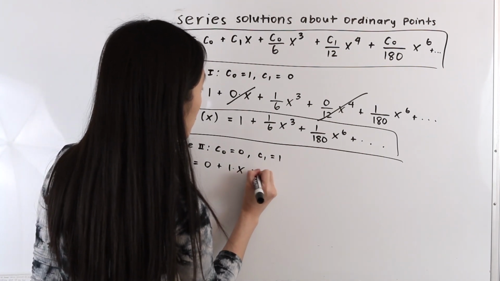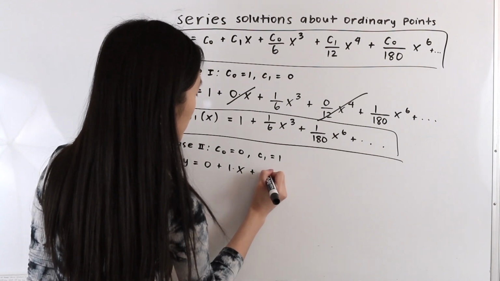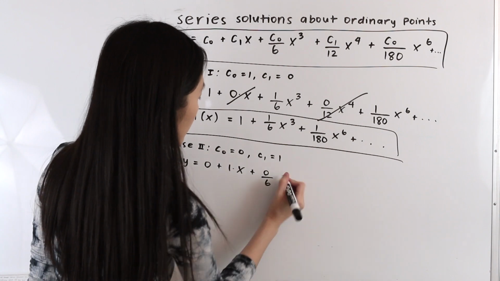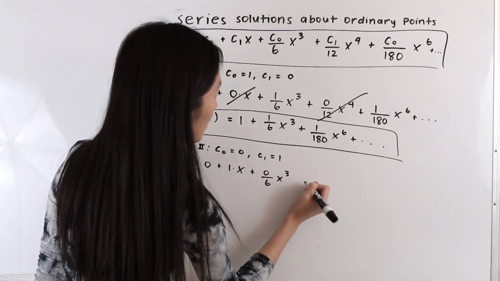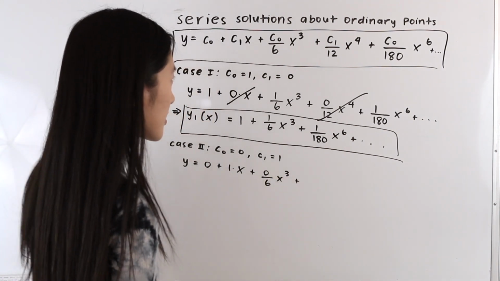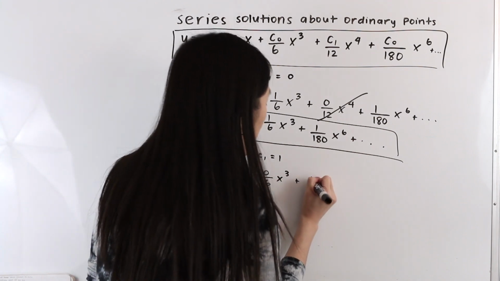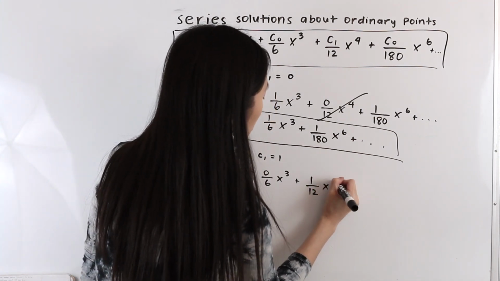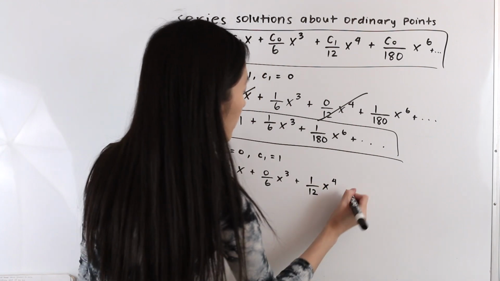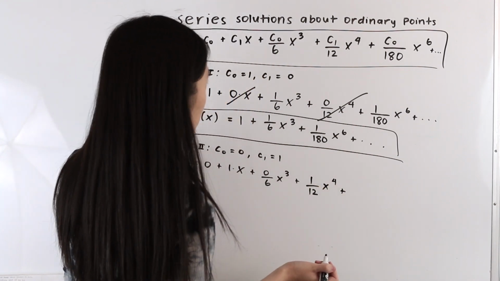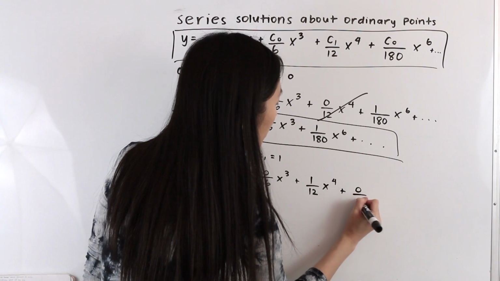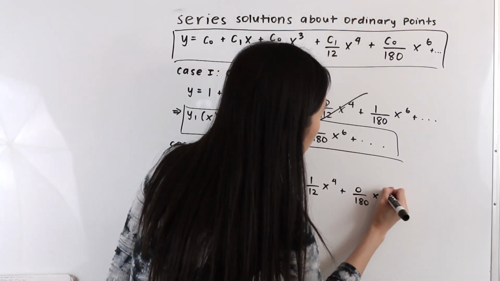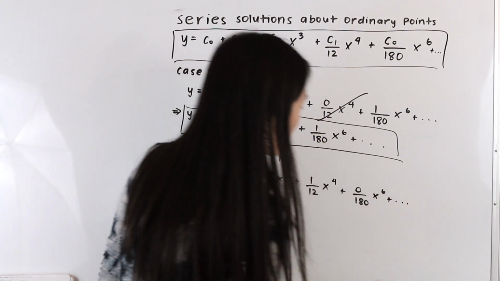And then plus c naught, which is 0, over 6 x cubed. And we have plus c1 over 12, so we have 1 over 12 times x to the fourth power plus c naught, which is 0, over 180 times x to the sixth, and so forth.